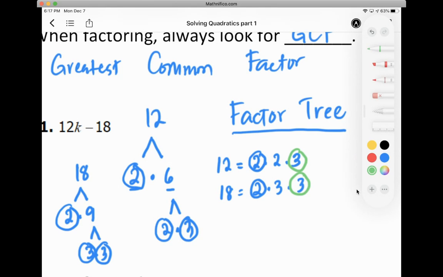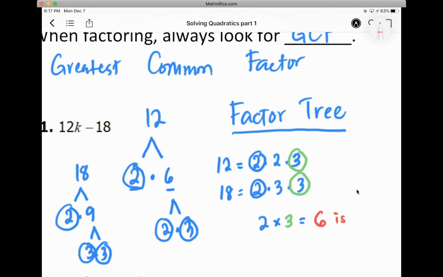So if we multiply 3 and 2, that will give us 6. So 6 is the GCF, or the greatest common factor, of 12 and 18.